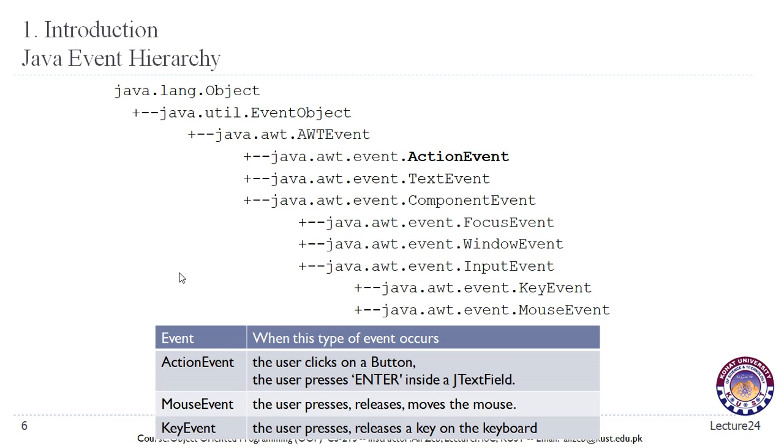So this is a hierarchy of the different events that can occur. We might be interested in this one, for example, the action event. We have handled this kind of event in our previous examples. It occurs when the user clicks on a button, or the user presses enter inside a text field.